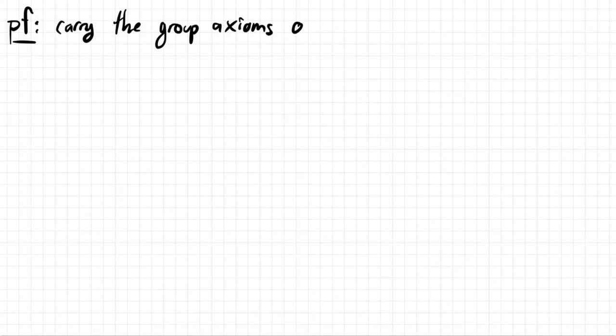And so the proof of this, okay, maybe I'm not going to quite do the whole proof, but the idea of the proof is to carry the group axioms over from big G. We have three axioms: associativity, identity, and inverses.